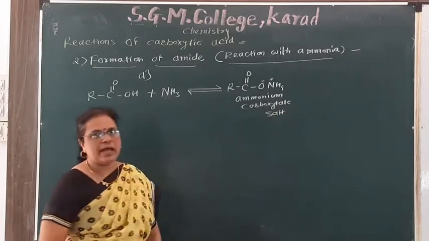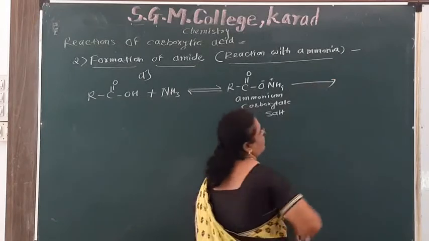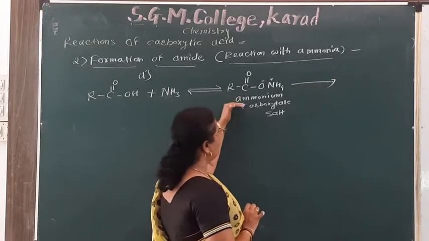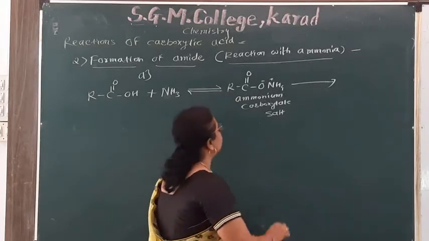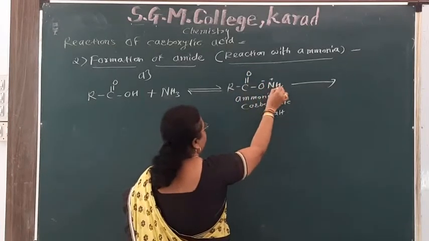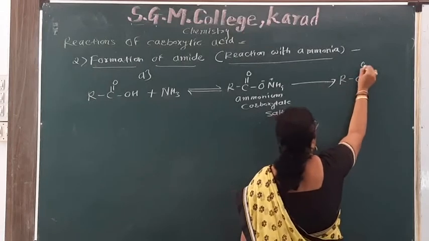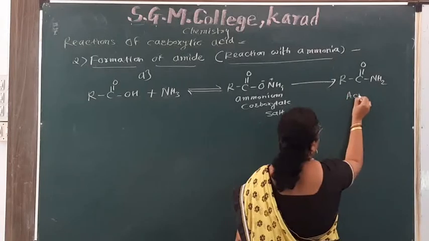This ammonium carboxylate salt on strong heating at high temperature decomposes to give acid amide, that is RC double bond O NH2. This is known as acid amide.